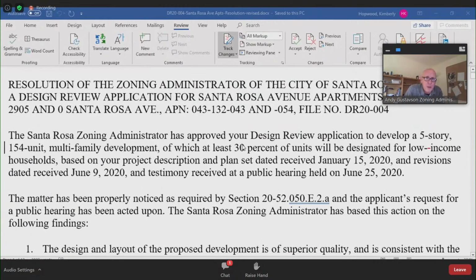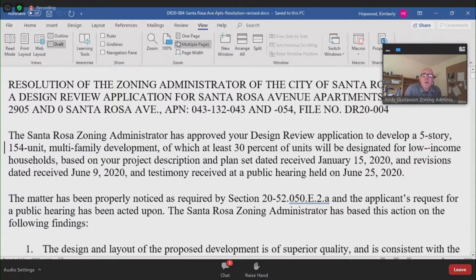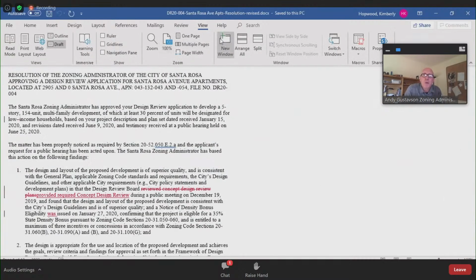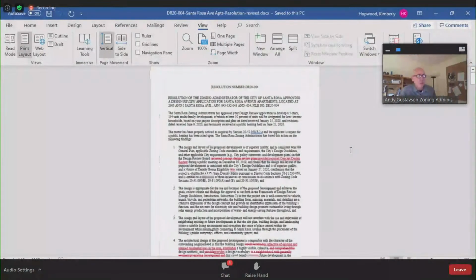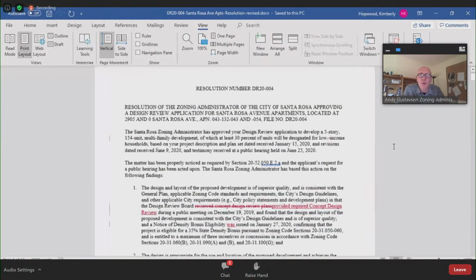And if you could display that in whole page view, one page view, the next, there you go. And I don't know how that displays, okay.